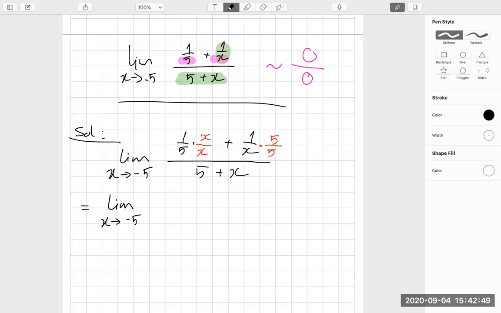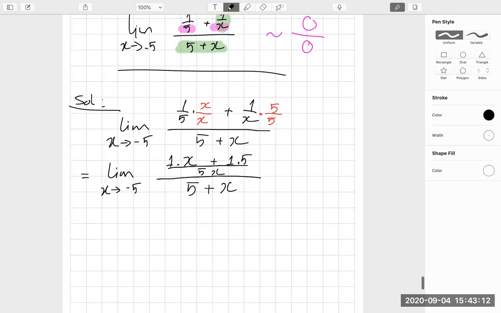The numerator is x plus 5, and the denominator is 5x. And the whole is divided by 5 plus x.